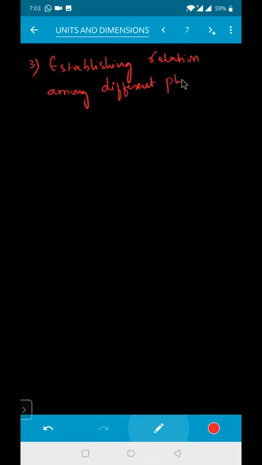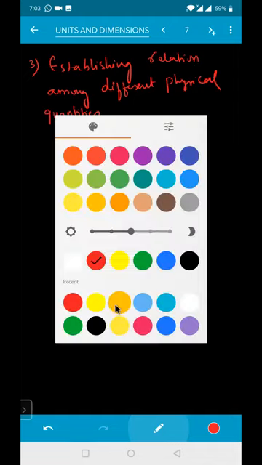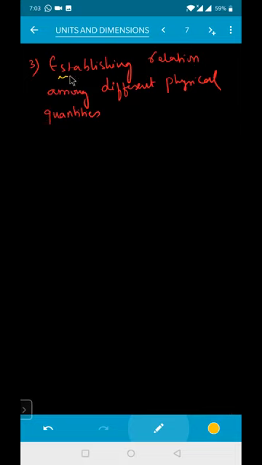So what is the third use right now? It is used to establish the relationship among your different physical quantities.